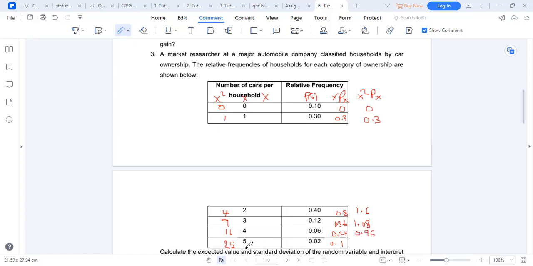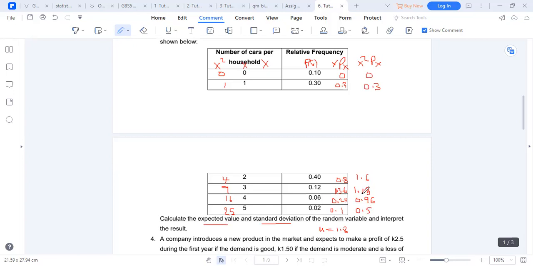And finally, 25 times 0.02, 0.5. So when you total up, 0.5 plus 0.96 plus 1.08 plus 1.6 plus 0.3 plus 0, we get 4.44. 4.44 is the summation of x squared P(x).